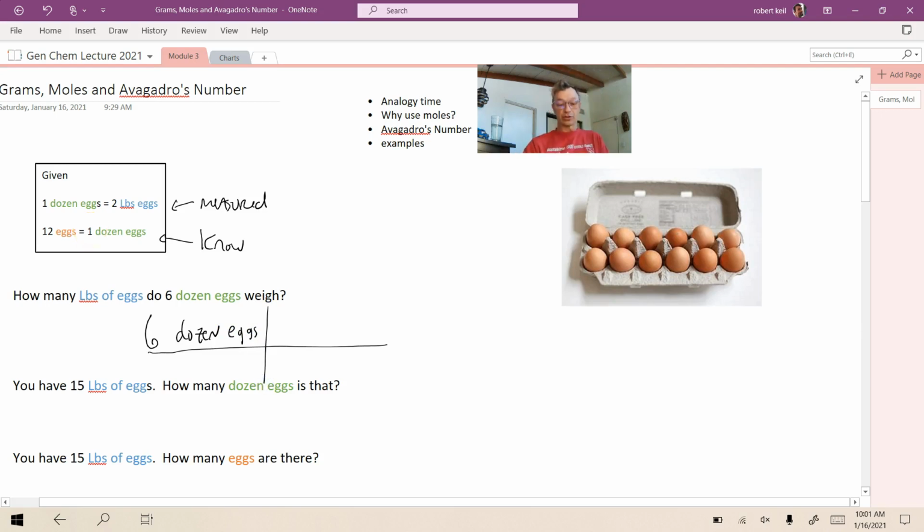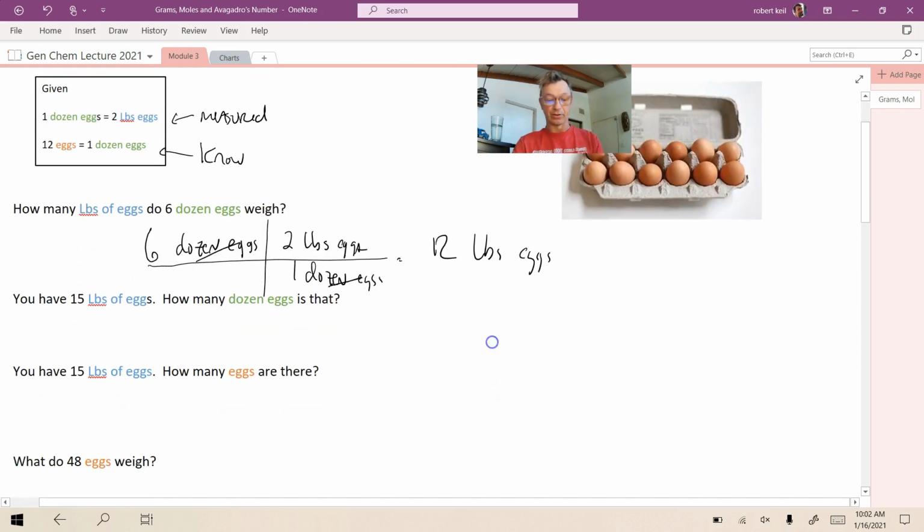Then you would use those terms up in the little given box, and you could say 1 dozen eggs is 2 pounds of eggs, write all that out, and you get 12 pounds of eggs. Right? So that's pretty easy to do. No one has any problems with that.